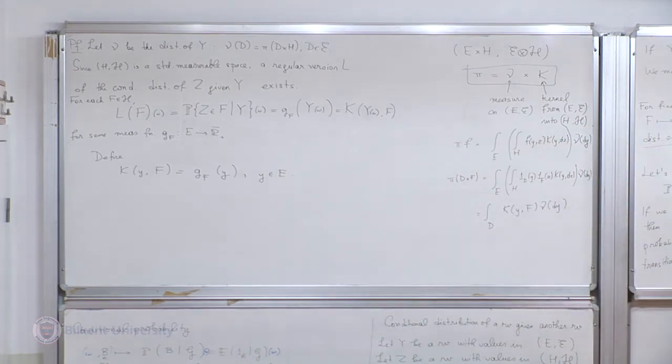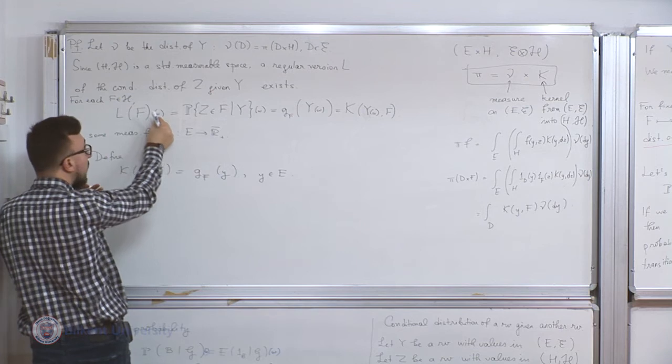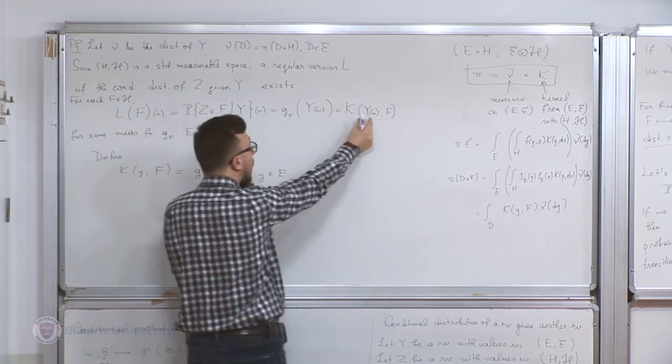So we're trying to extract this transition probability kernel k, but it is almost like L. But we don't see it as a function of omega, we see it as a function of y.